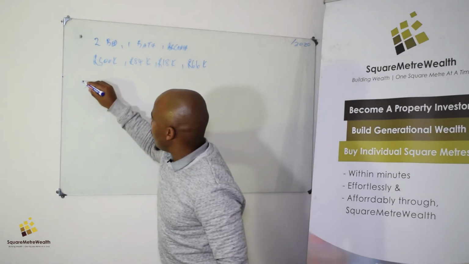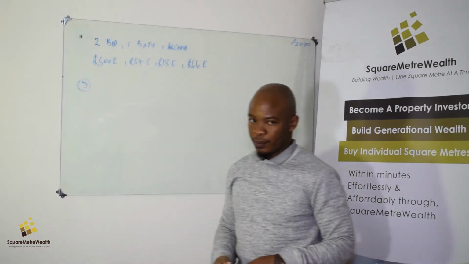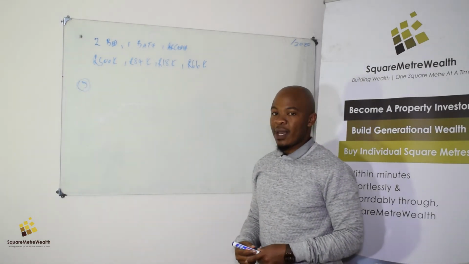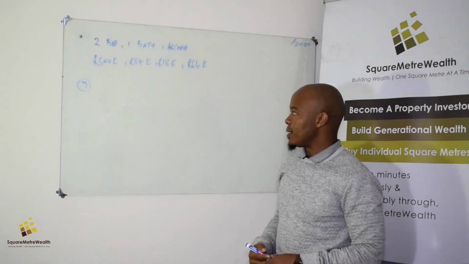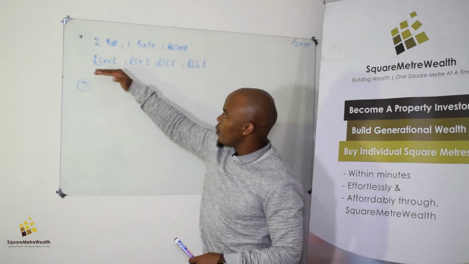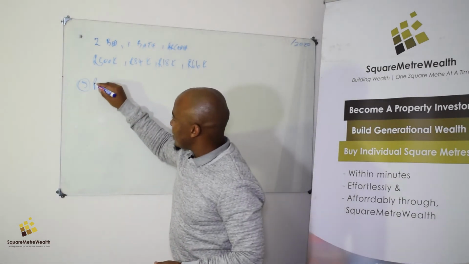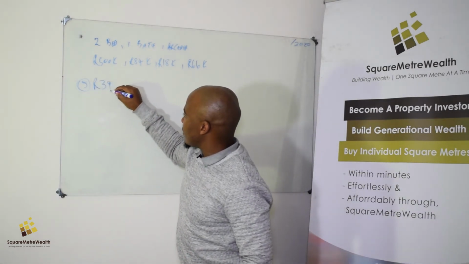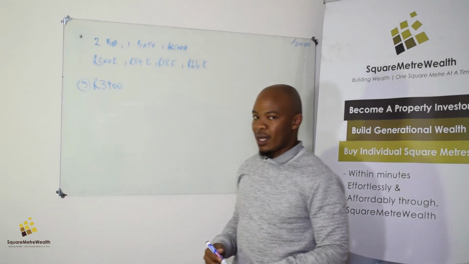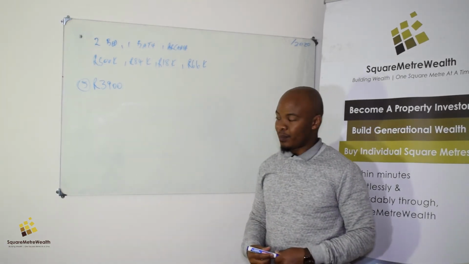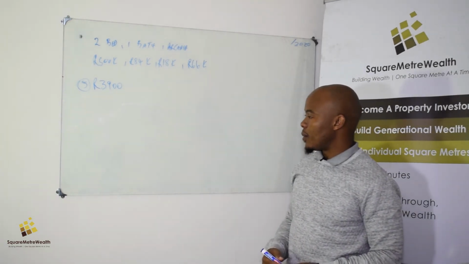Step number 5, which is what we need to get to. This is where we have to factor in the bond repayments. And on a property with an asking price of 500,000, based on the current interest rates, you would pay somewhere around 3,900. This is what you would be looking at.